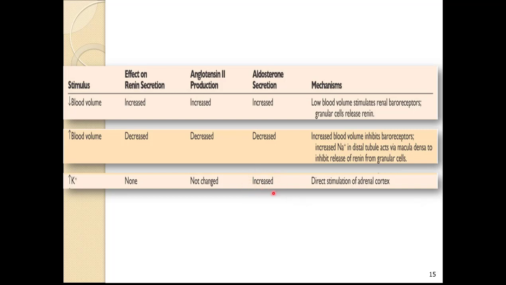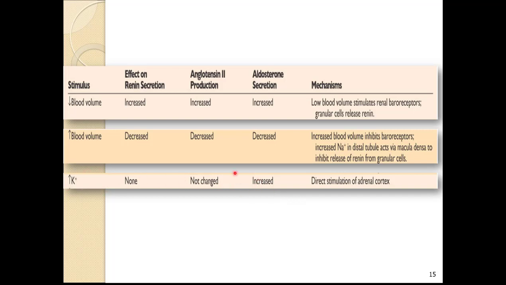So the adrenal cortex is sensitive to potassium levels, and if it sees high potassium levels, it will cause the secretion of aldosterone, so that when aldosterone goes down to the kidneys, you're doing that sodium potassium exchange, and what that's actually doing now is pulling that extra potassium out of the blood.